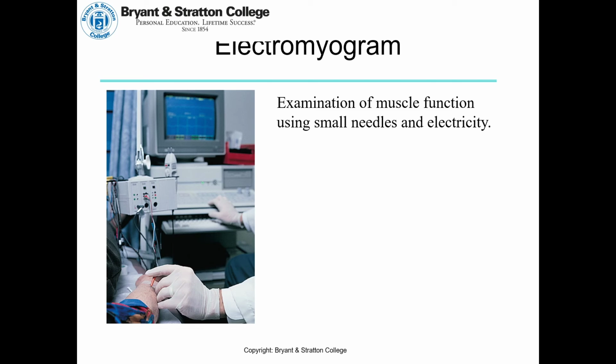Electromyogram is an examination of muscle function. These are pretty cool because what happens to make a muscle contract is that your neurons, the nervous system, are connected to your muscle, and they send an electrical impulse.